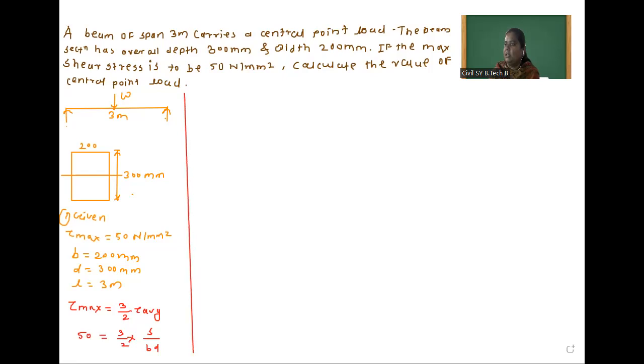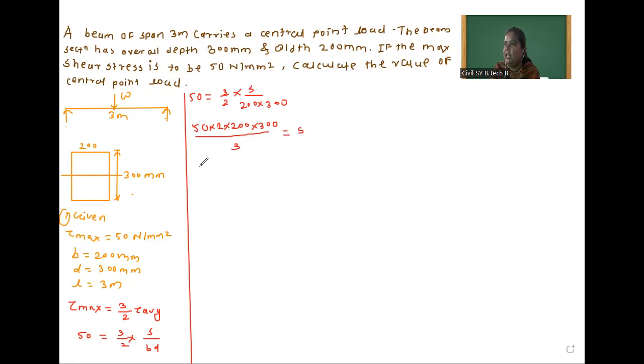So 50 is equal to 3 by 2 into S divided by 200 into 300. Now we will shift this to this side. So 50 into 2 into 200 into 300 divided by 3, which is equal to S.